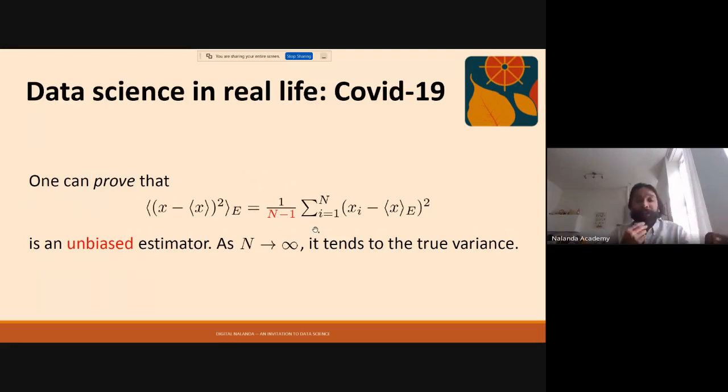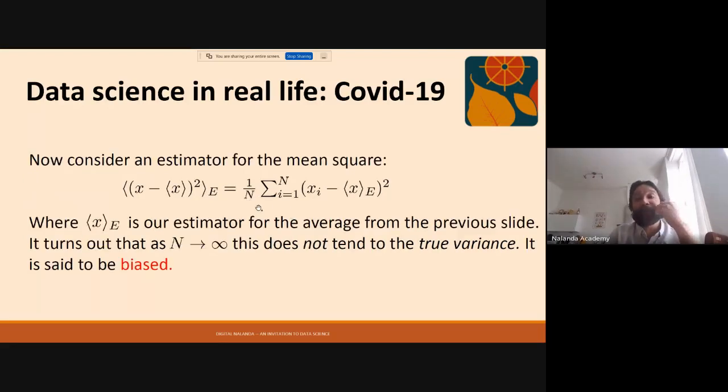Of course, the difference is very little as n is very, very big. But nevertheless, maybe I'll put this in one of the problem sets. You can actually prove that this is the unbiased estimator, and this is the biased estimator, even though this should really tend to what you think. This would be the definition of what the variance is, right?